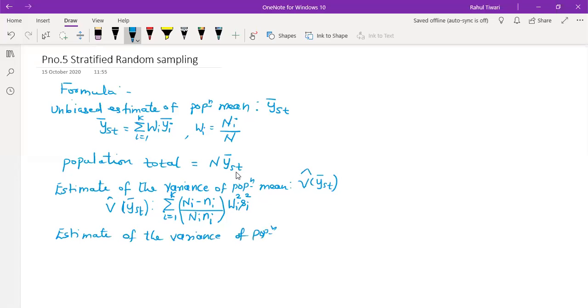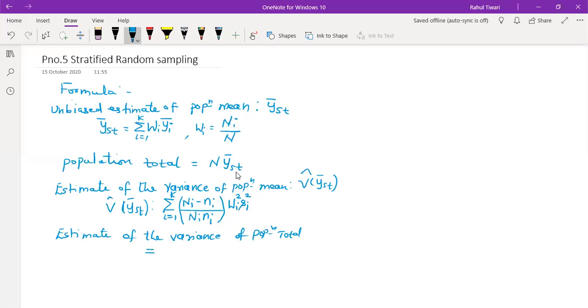What could be the formula? Since it is total, what is the formula for total?